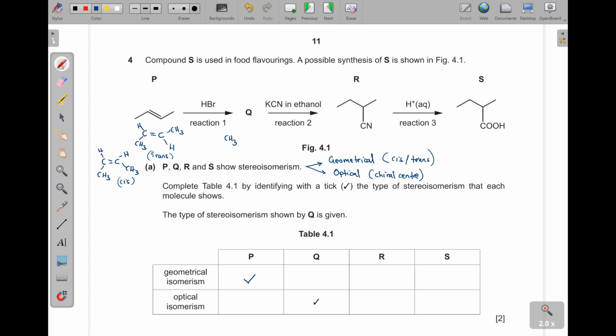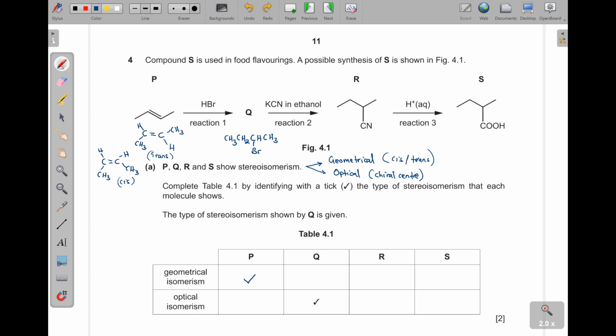Now let's go to Q. When I put HBr, you can put a hydrogen here or here. This one is symmetrical. So we can have CH3CH2, then CH, and then CH3. So here we shall have the bromine. Maybe the hydrogen went onto this, and then the bromine came onto this one here.